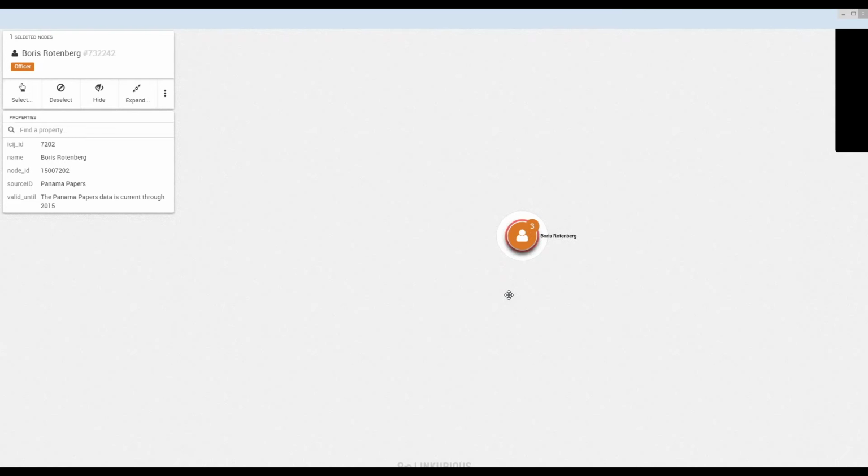And we can see that Boris Rotenberg is indeed in the Panama Papers, which indicates that he was one of the Mossack Fonseca customers. So let's explore Boris Rotenberg and try to find out what are his connections and what are his assets.